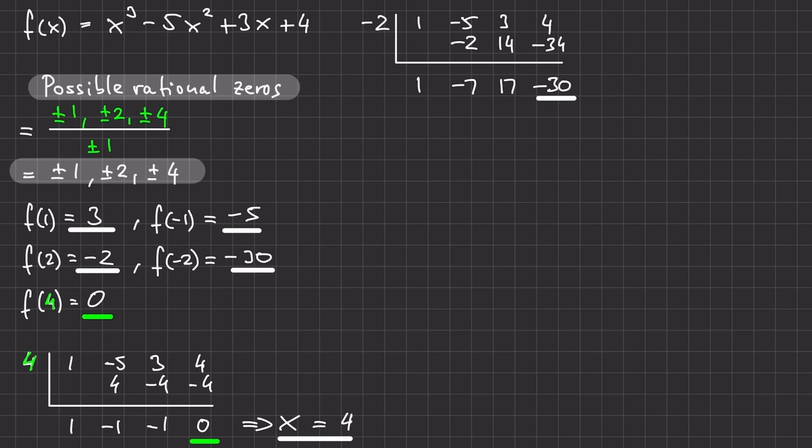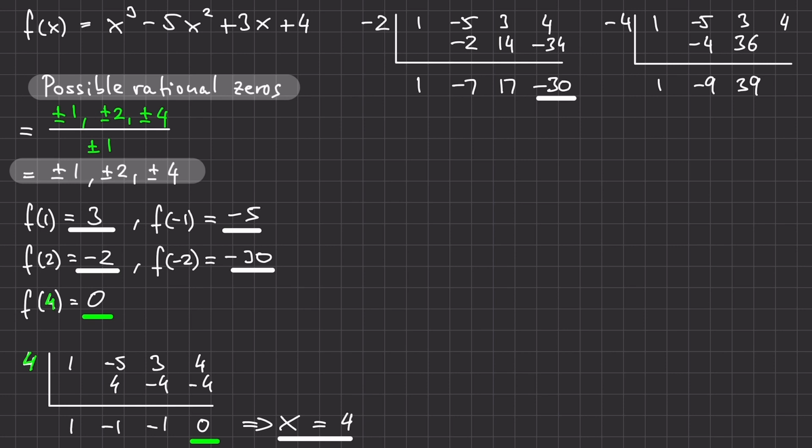Let's use synthetic division again for the last number, negative 4. The coefficients are 1, negative 5, 3, and 4. Bring down the 1. 1 times negative 4 is negative 4. Negative 5 minus 4 is negative 9. Negative 9 times negative 4 is 36. 3 plus 36 is 39.